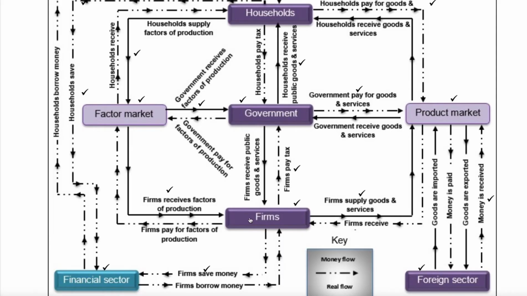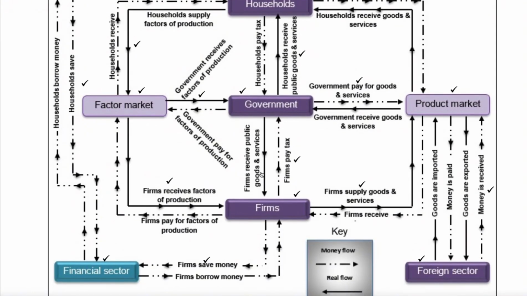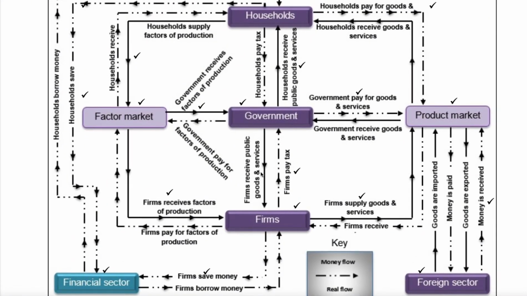So firms would not want to make provision of these because firms want to make a profit. They cannot make profit from something that's non-excludable. For them to make money, they have to sell a product that is excludable so that they can charge money from the sale of the product.